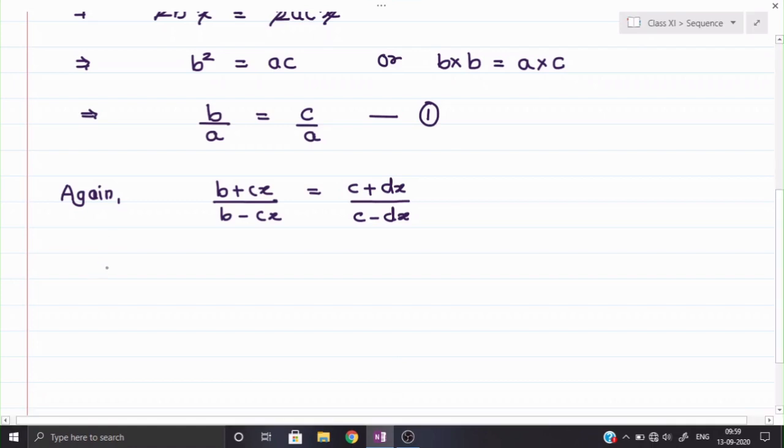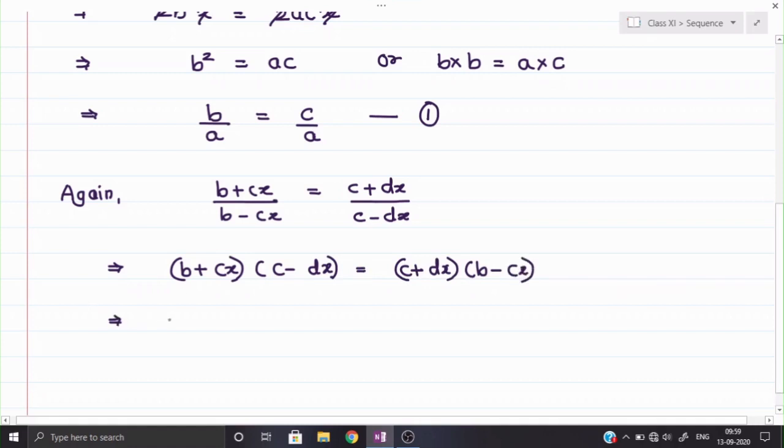Otherwise, you can apply that one also. Now b plus cx we shall multiply with c minus dx, and c plus dx we shall multiply with b minus cx. So let us multiply further.